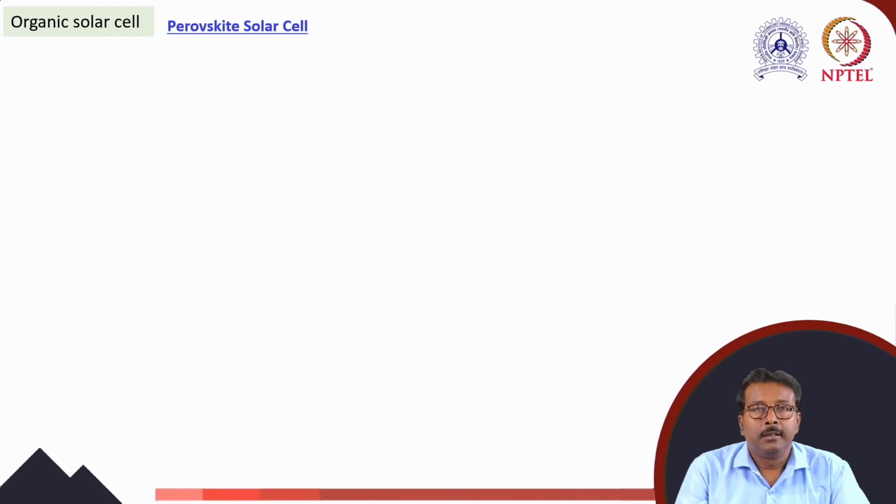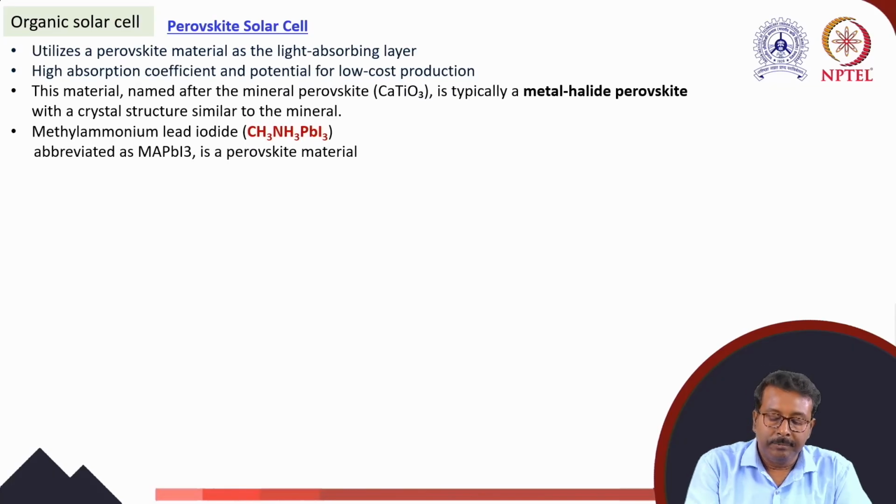Perovskite is another example of a solar cell. Perovskite is a mineral, CaTiO3, and the perovskite material is a derivative named after this mineral.